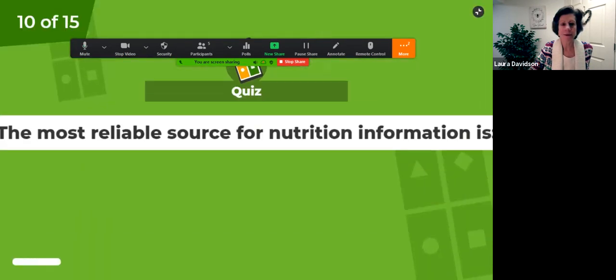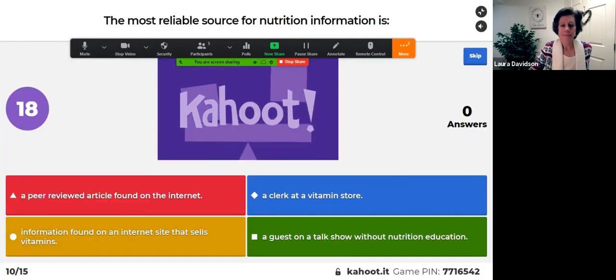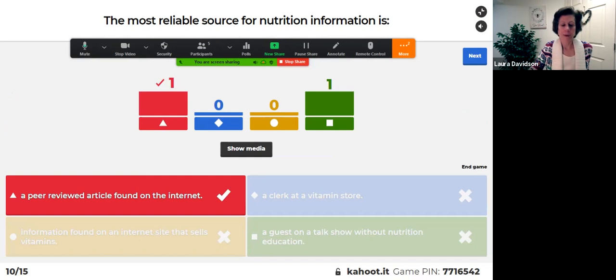IJ is gathering up some steam here. The most reliable source for nutrition information out of these four. Okay, that's the peer-reviewed or scholarly article, right?